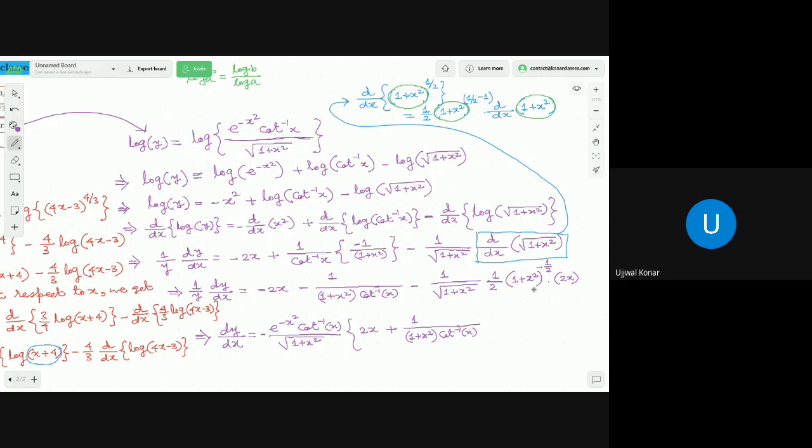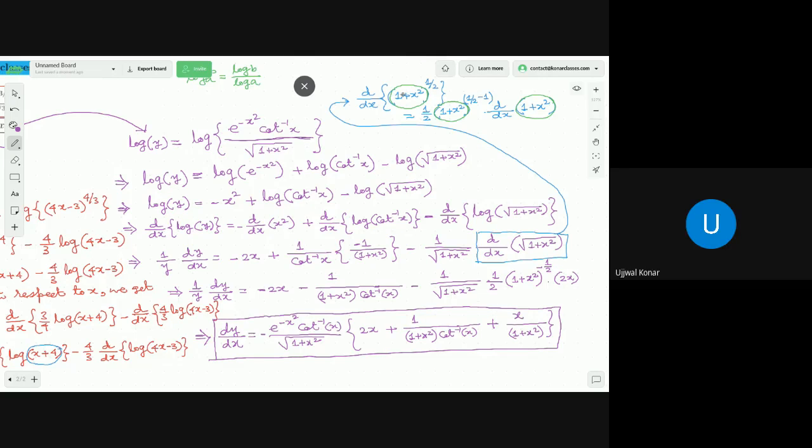Yeah. 2 and 1 by 2 got cancelled, it will be x. So it is more simplified, it is coming x by 1 plus x square. I hope all of you agree to me. Yes. Dear Sagnik, do you agree to me? Yes. Yeah, okay. You understood the entire derivation?